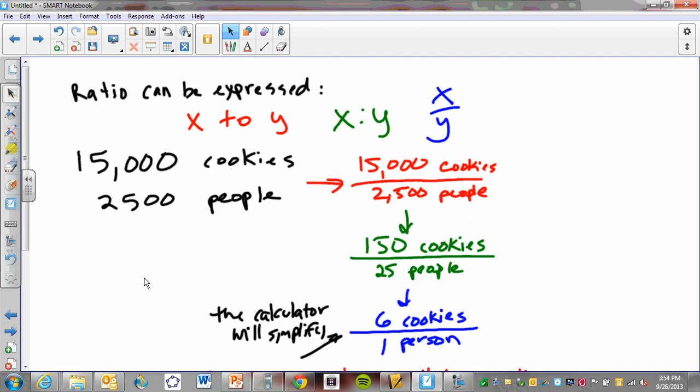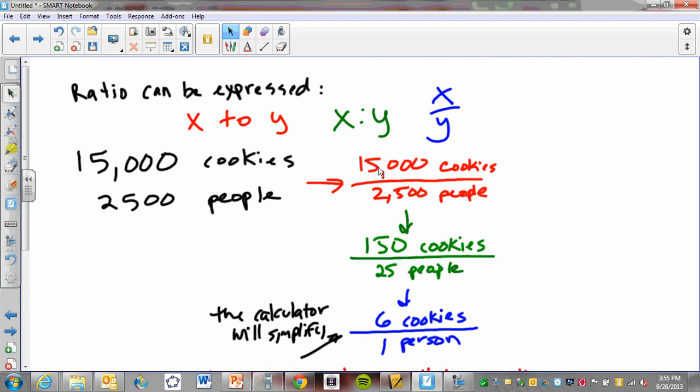When we talk about ratios, you'll see them expressed either x to y, x colon y, or the one we'll probably most commonly use, x over y in fraction form. So if I have 15,000 cookies and 2,500 people, I want to figure out my cookie to people ratio.